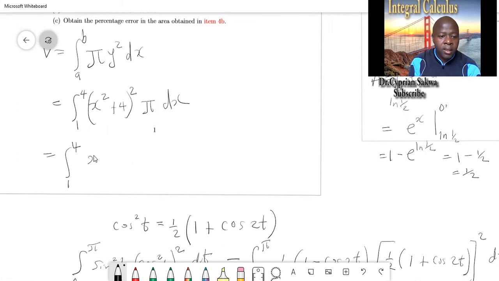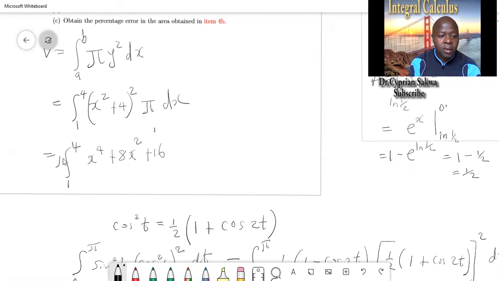Expanding this will give us x raised to 4, this times that, and then twice it will be 8x raised to 2, plus 16.